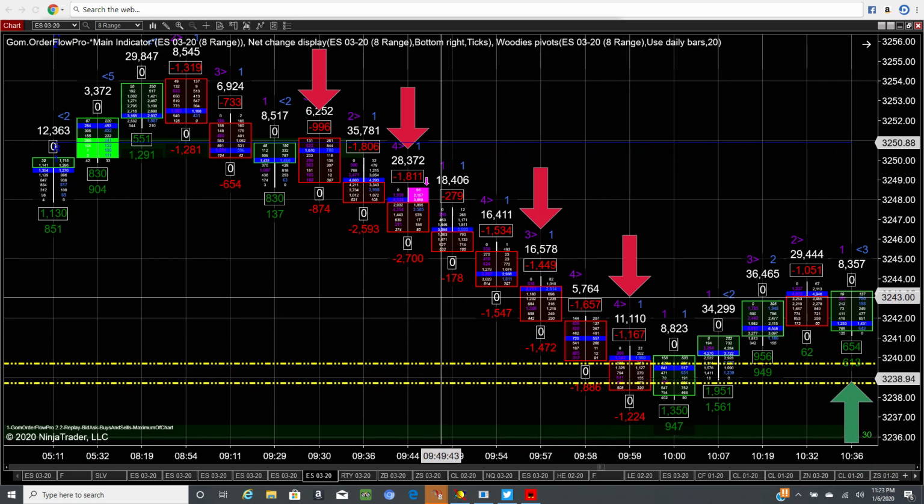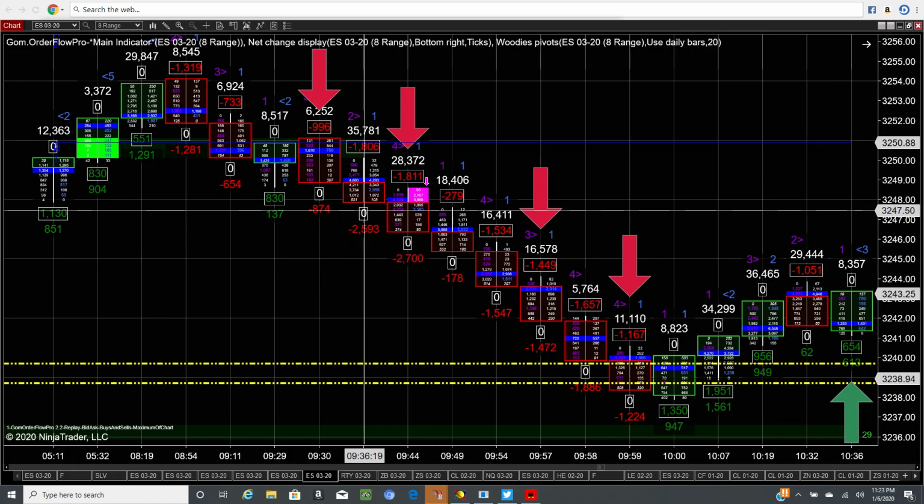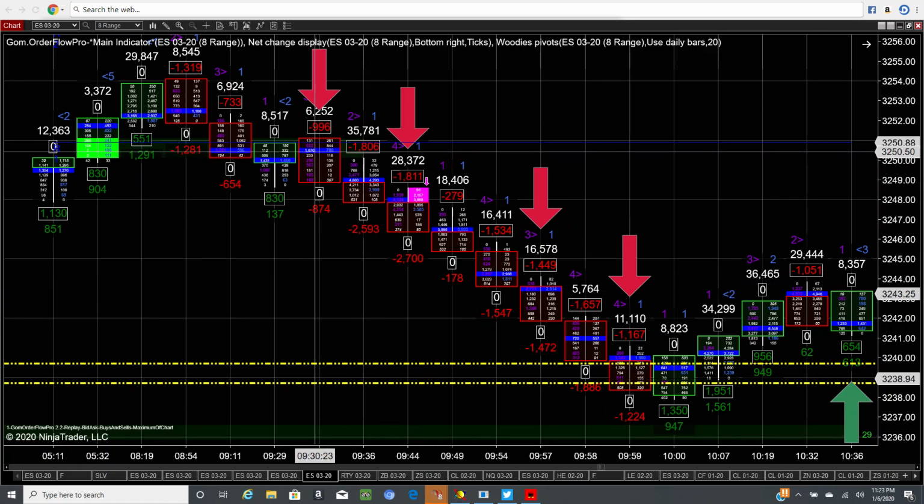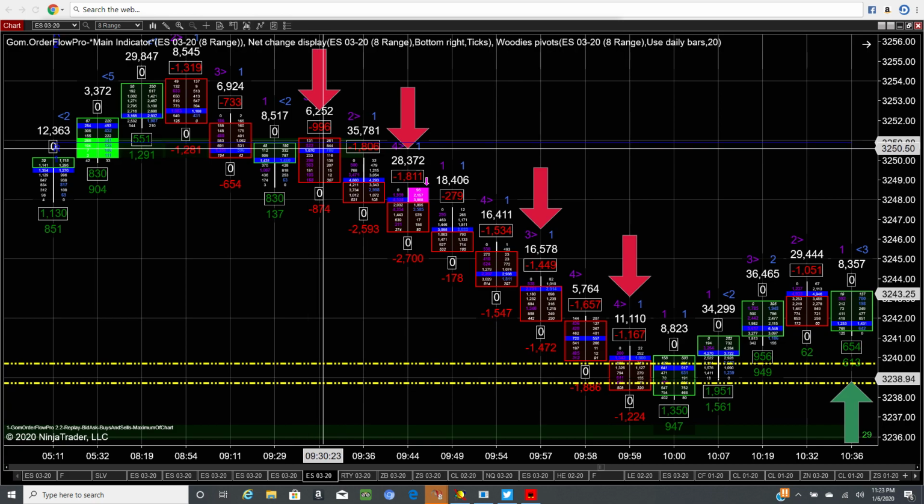All right, that's it. So you have a sell here with the point of control being 3 ticks off the high. It could have been here, 2 ticks off the high. It could have been here, right on the high. But you want that point of control to be rule of 3. 3 ticks off the high for a sell.